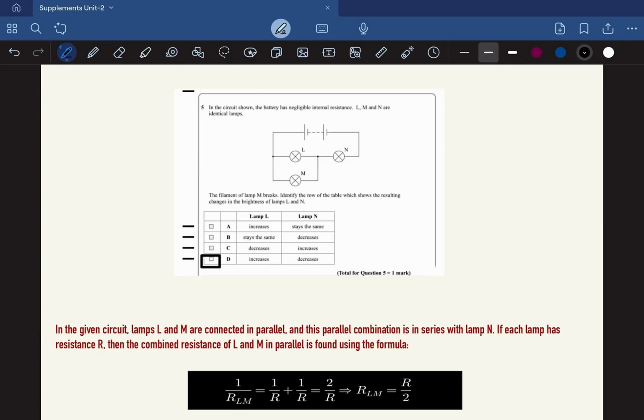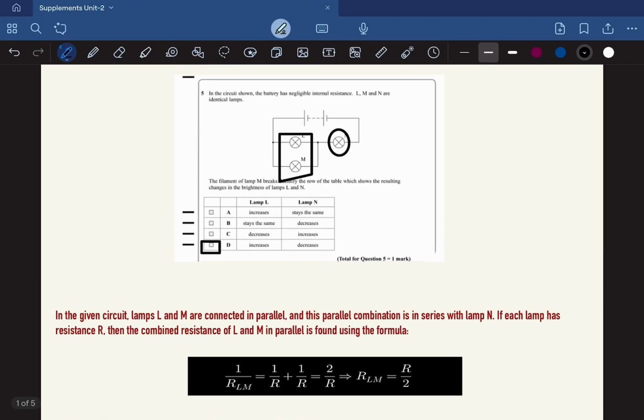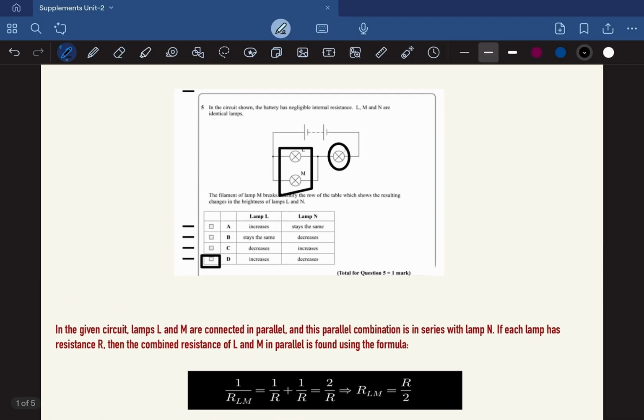Have a look at it. We know this is a parallel section, and this whole parallel section is in series with this bulb.